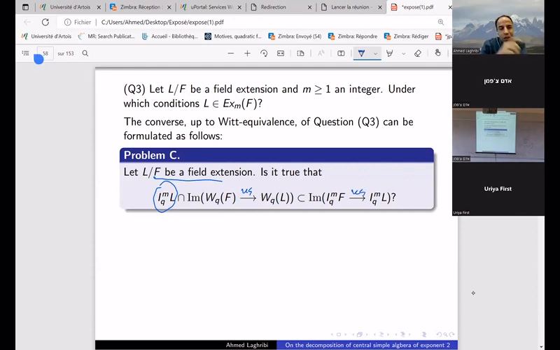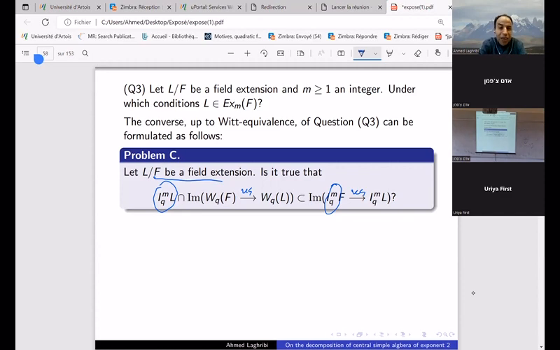This means that you take a form in I^m q L, you suppose that your form comes from F up to equivalence, and we would like to know if we can find some form coming from this group. I think that the answer to this problem is yes for a very large class of fields.